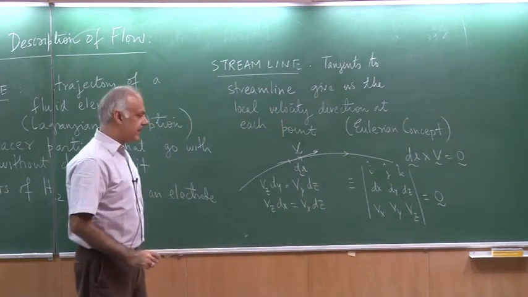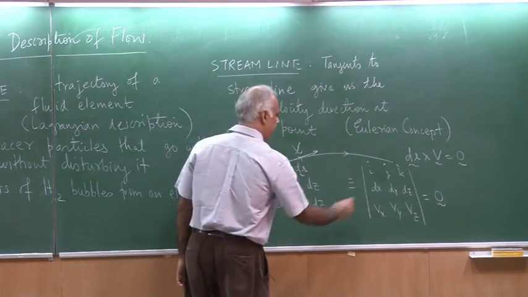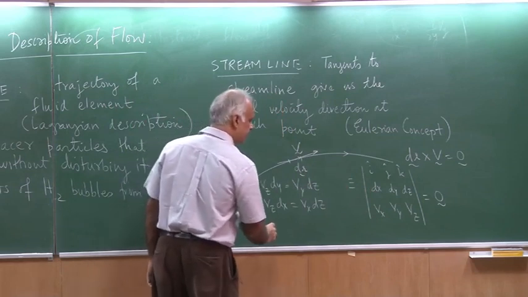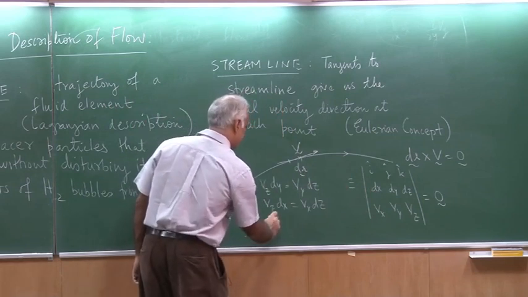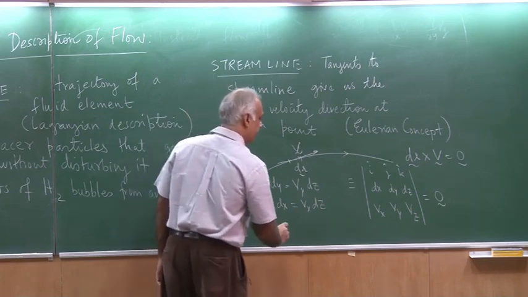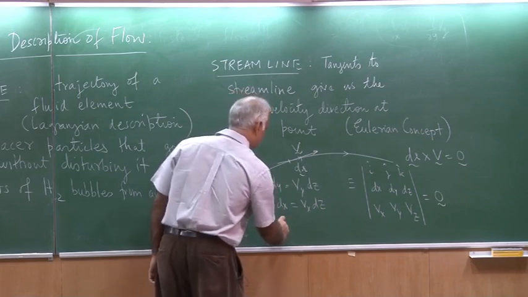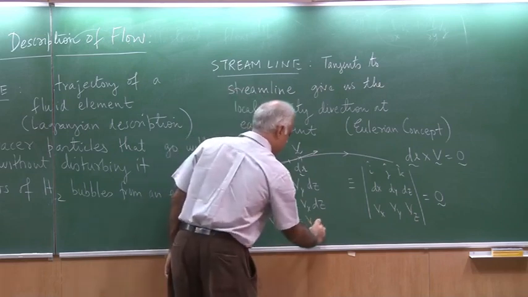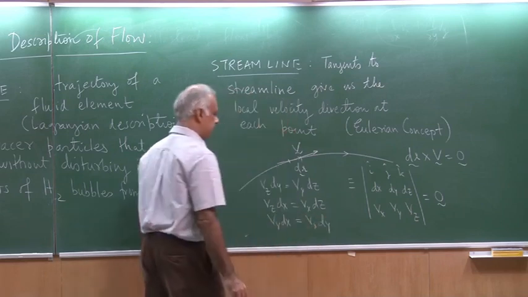And then I can get the kth equation, which is vy dx is equal to vx dy.